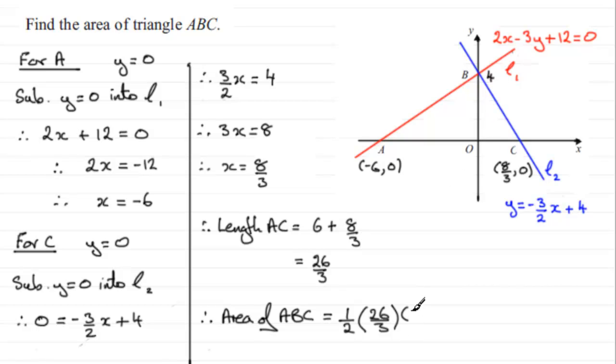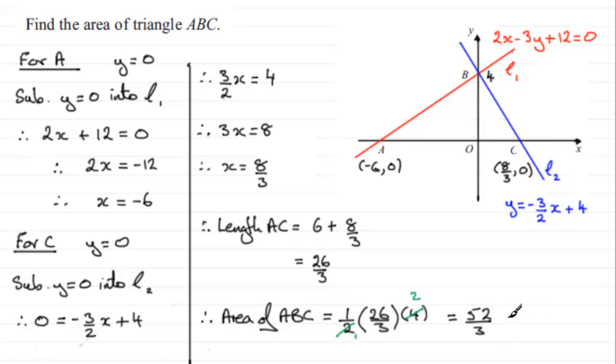And if we work this out, we could cancel the 2 here into the 4 or the 26, it doesn't matter which one. I'm just going to do it into the 4, so we get 2 there. And then we end up with 26 times 2, which is 52, all over the 3. So 52 over 3 would be the answer.